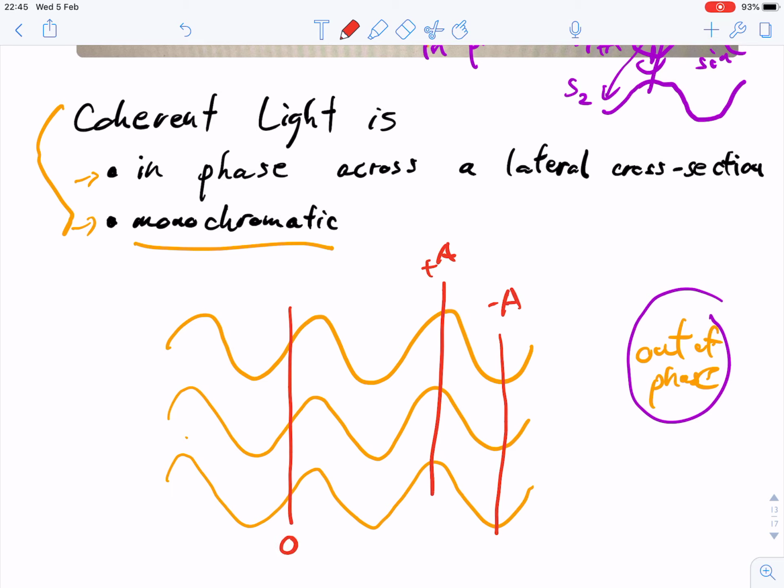So that's what we mean by something that is in phase with each other. So all the waves are exactly in phase with each other.